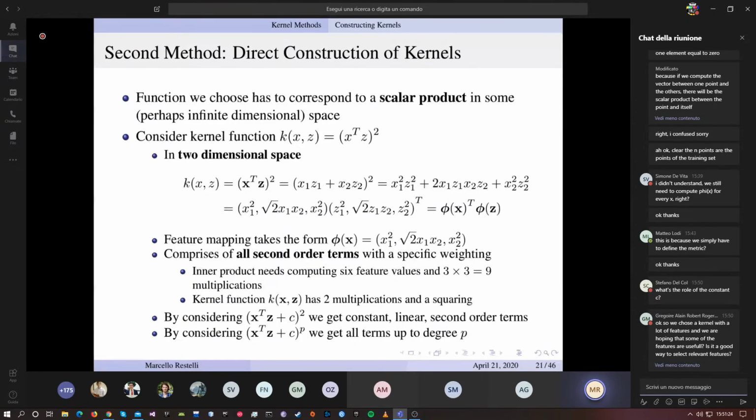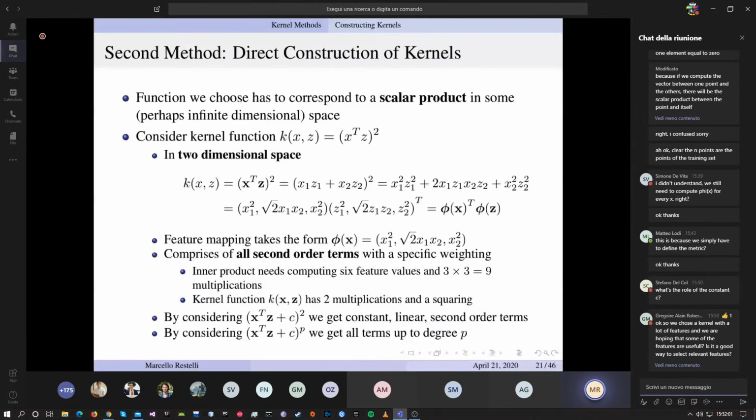Okay, so we choose a kernel with a lot of features, and we are hoping that some of the features are useful. Is it a good way to select the relevant features? No. The first part of your question is okay, in the sense that you are using this kernel because it implies working in a very large feature space, and you hope that in this very large feature space you will be able to find a solution. Pay attention that you are not working in the feature space, you are working in the sample space, so the features will never appear.